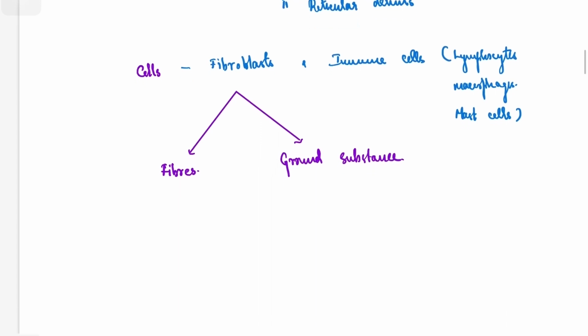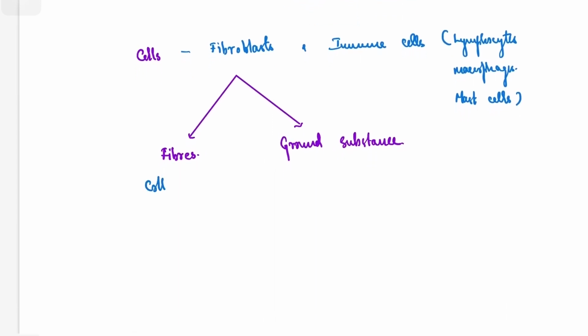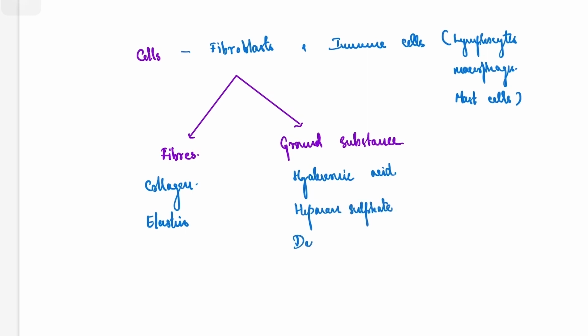The fibers include collagen and elastin, the two important fibers in the dermis. The ground substance includes hyaluronic acid, heparan sulfate, and dermatan sulfate.